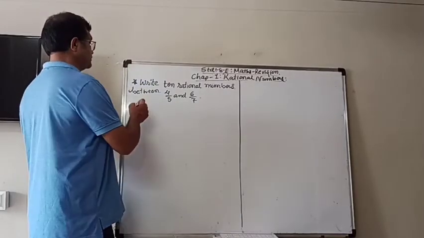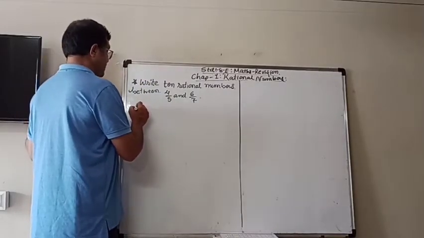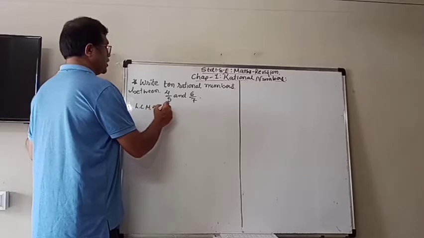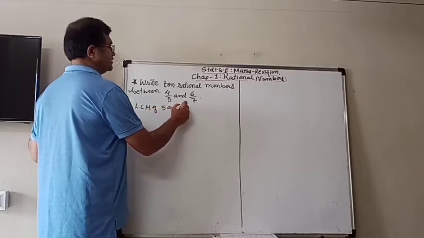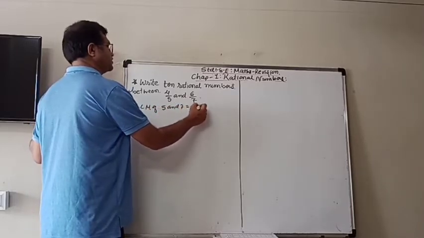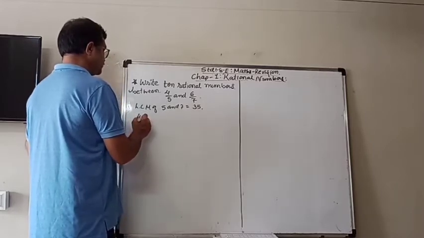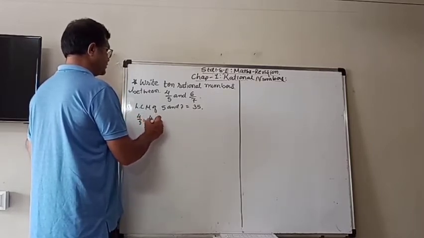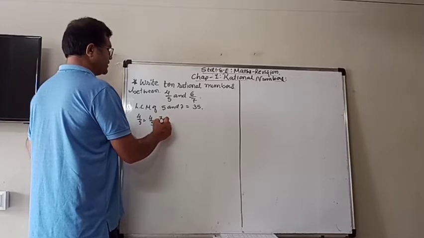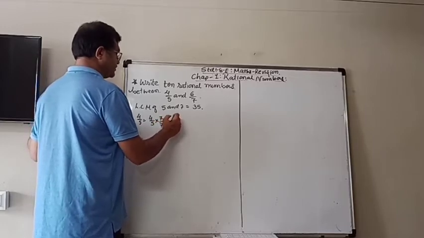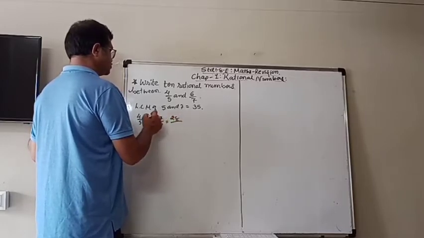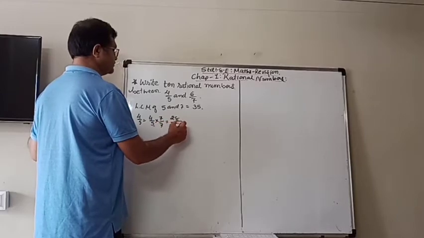So now LCM of 5 and 7 is 35. So 4 upon 5 is equal to, we have to multiply it by 7 upon 7. So we get 28 upon 35.